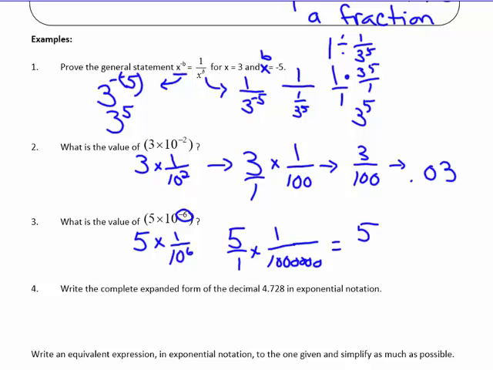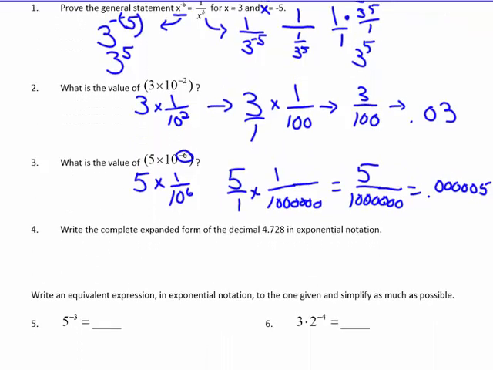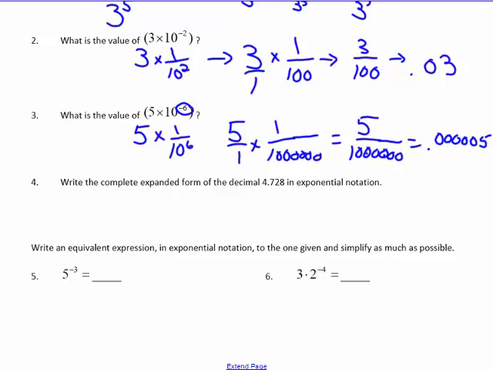Multiply, you're going to get 5 on top, you're going to get 1,000,000 on the bottom. And if I turn that into a decimal, 1, 2, 3, 4, 5, 6 decimal places, 0.000005.